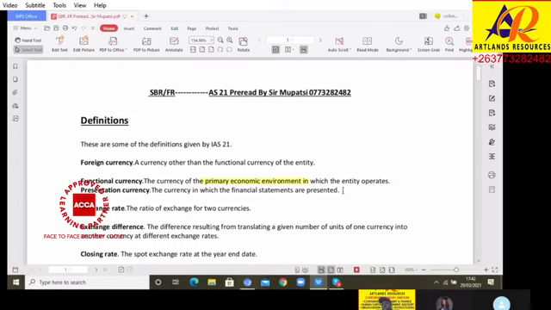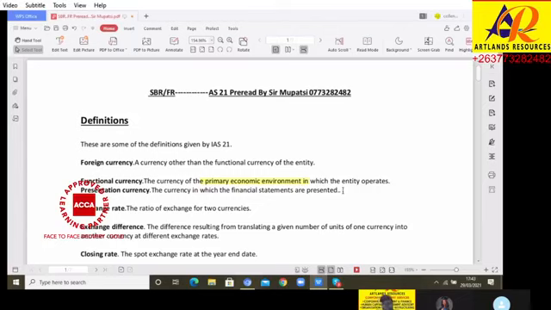So the board has the prerogative of choosing the presentation currency, not the functional currency, meaning the currency in which it prepares financial statements. However, it should be the currency in which we get our equity financing, because financial statements need to appeal to investors, who are currently the shareholders. So normally the currency in which shareholders invested the money is the presentation currency.